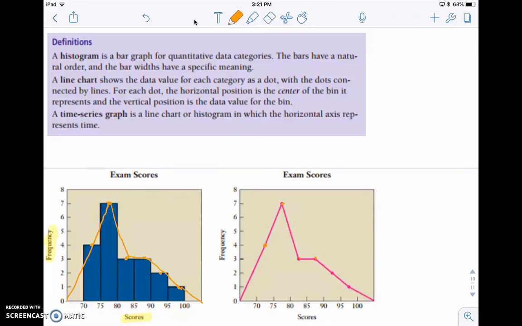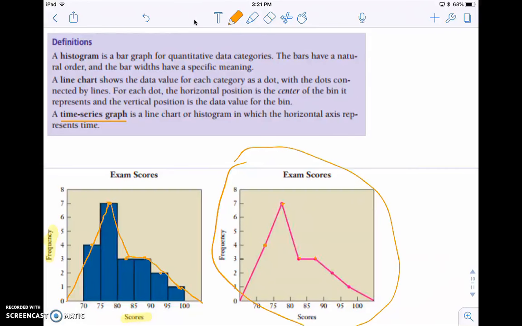They each have their own benefit. If you're looking at a time series graph of how something has appeared over time, a lot of times you will see the line chart, and so that time series graph is a specific line chart.